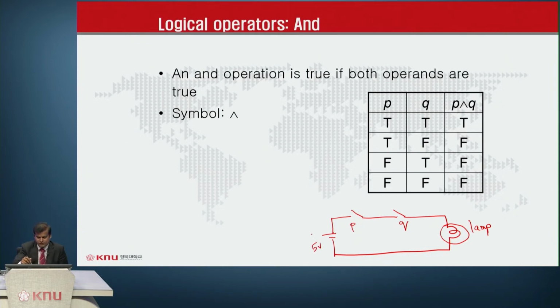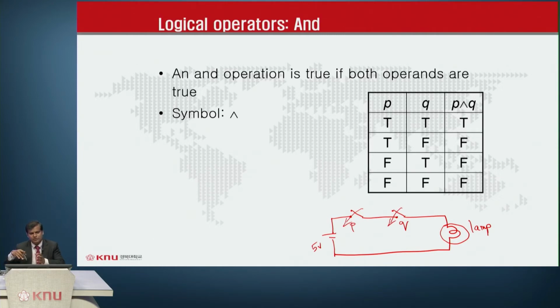Well, as you have these switches down here, you can think about a time when the lamp will glow. If P is on and Q is not on, will it glow? No. So both switches have to be turned on if the lamp has to glow.